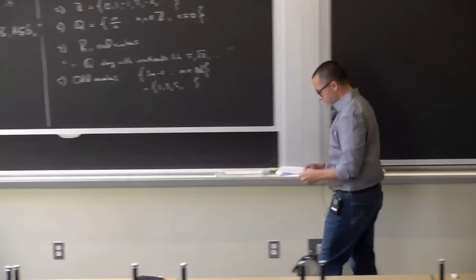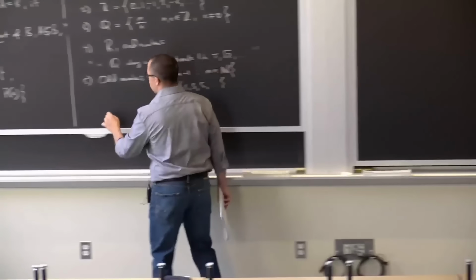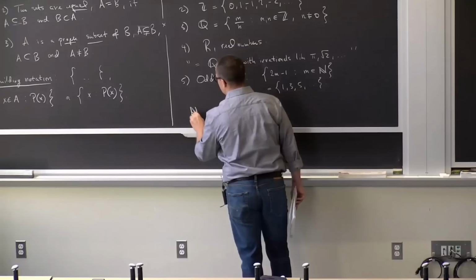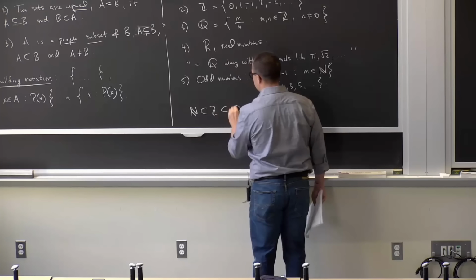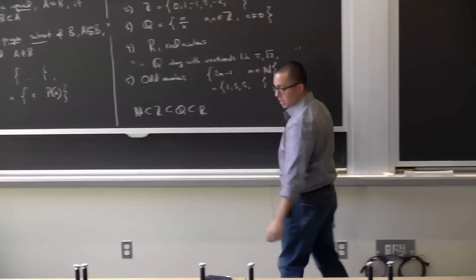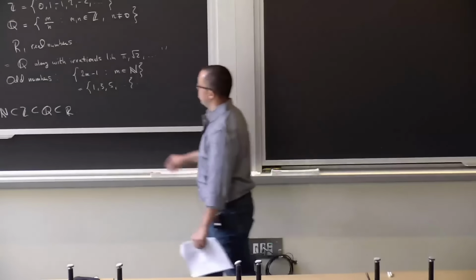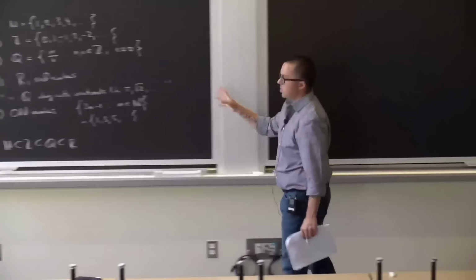Okay? And note that we have the inclusions: the natural numbers are contained in the integers, which are contained in the rational numbers, which are contained in the real numbers.